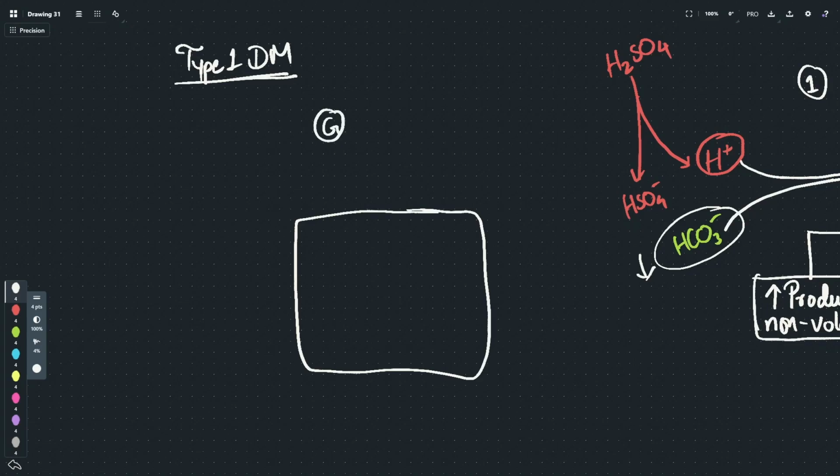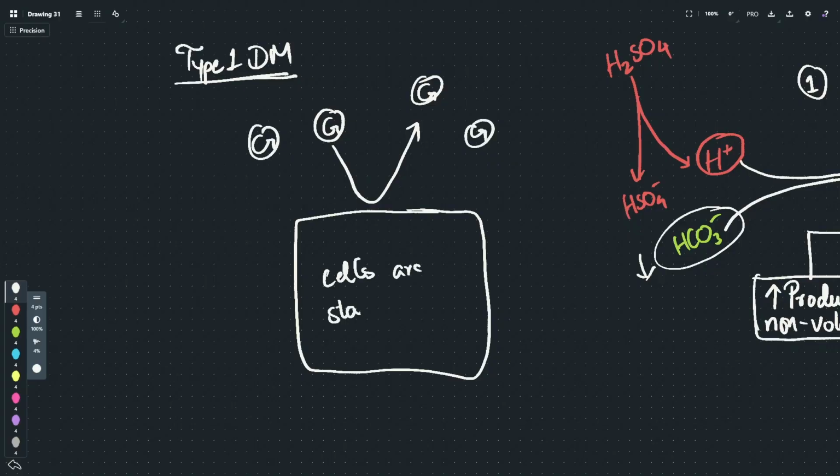So if the insulin level is very, very low, absolutely touching the lowest possible level, then glucose will not be able to enter the cell. So glucose level will be high, but cells are still starving, cells are crying, they are not getting the glucose.